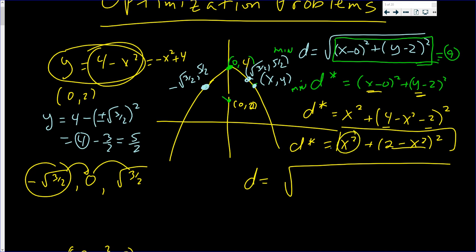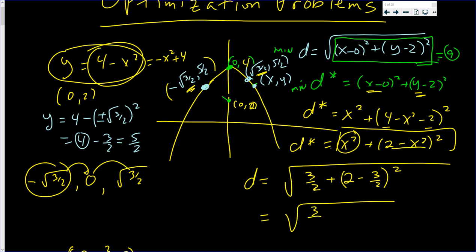Well, x squared, regardless of which one we use, we get 3/2, plus 2 minus x squared. Again, we get 3/2, and that gets squared. So we have 3/2 plus, this here is 4/2, minus 3/2 is 1/2. And you have to square it.